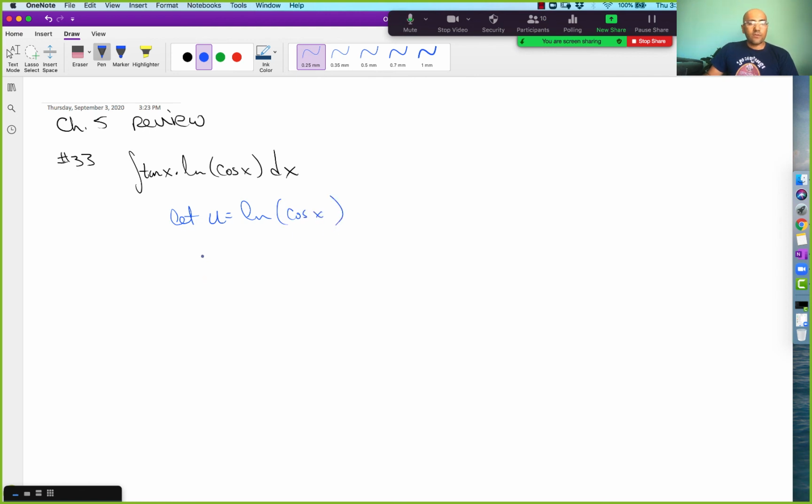Good. And so now the derivative, du dx, is going to be equal to 1 over cosine of x times the derivative with respect to x of the inside function, right? That's by the chain rule. Derivative of ln of x is equal to 1 over x.